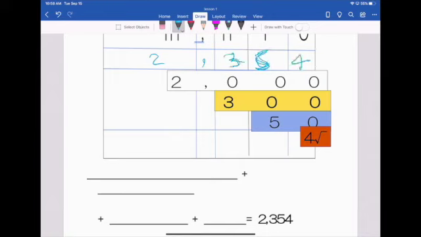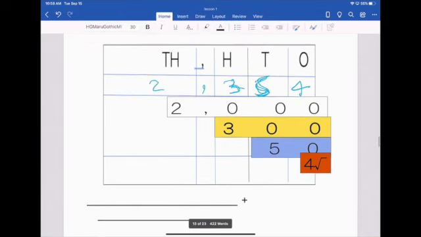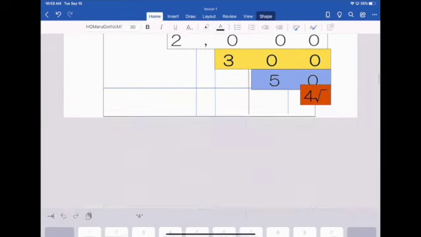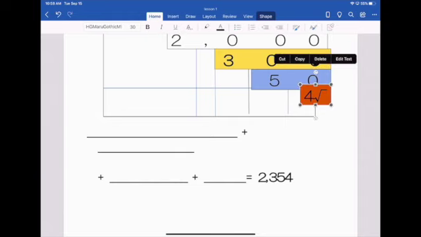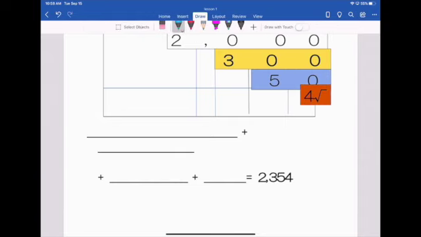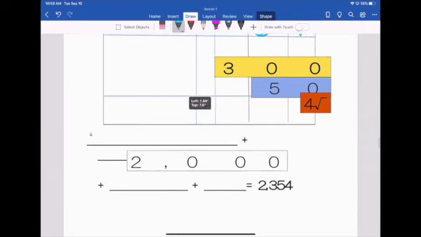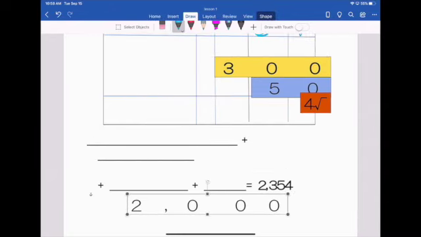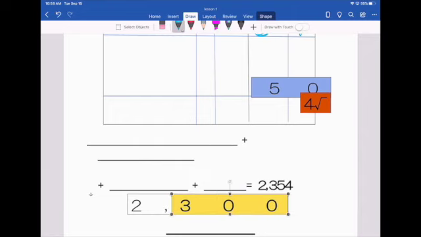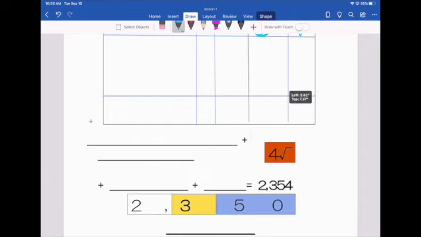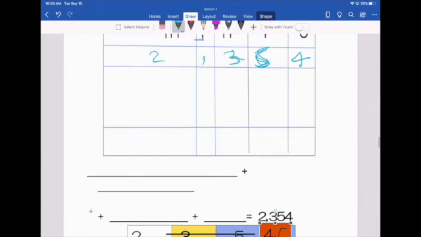2354. So we need to do it now and write it down. This is the 2, this is the 3, this is the 50, this is the 4. So we write it down here.